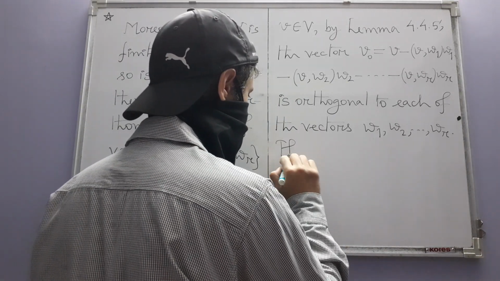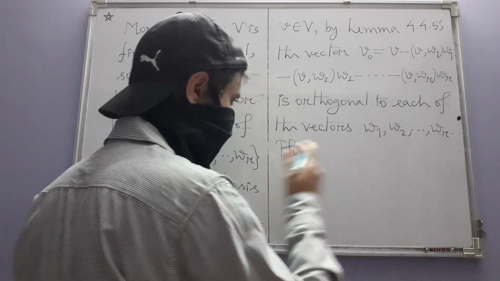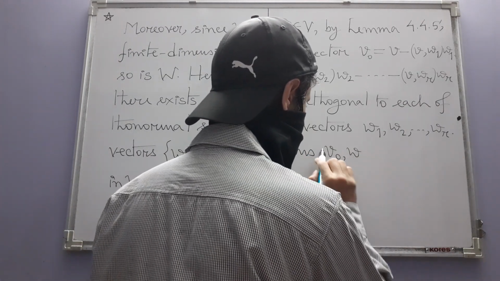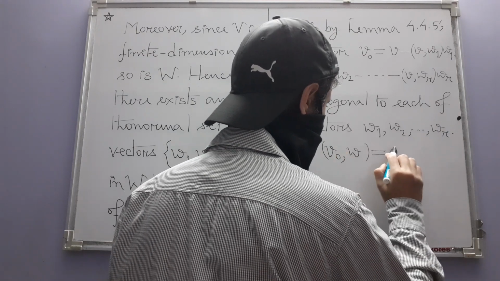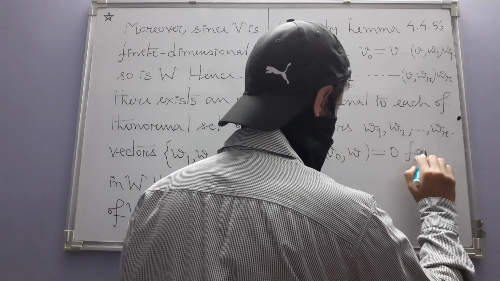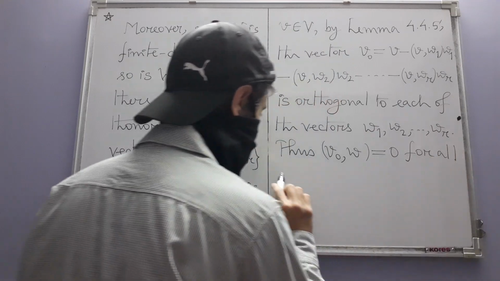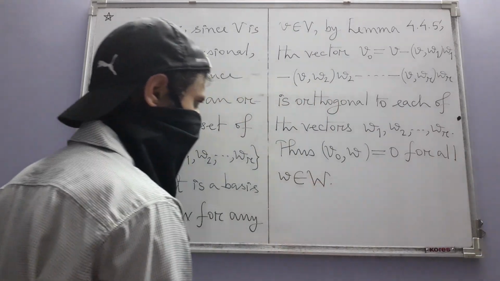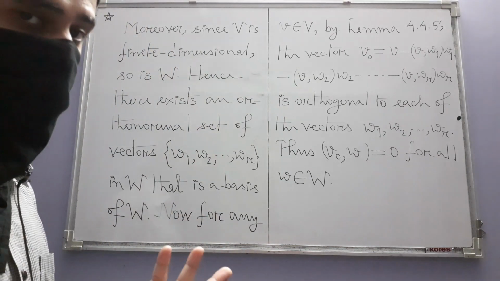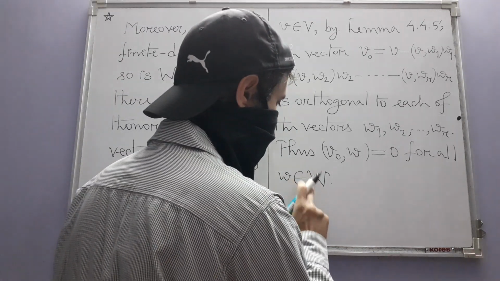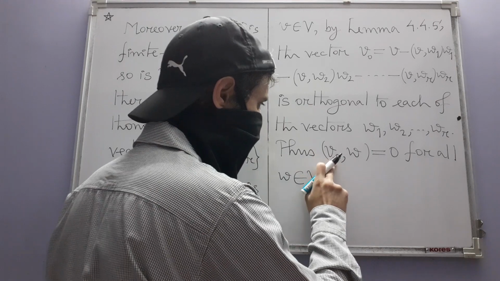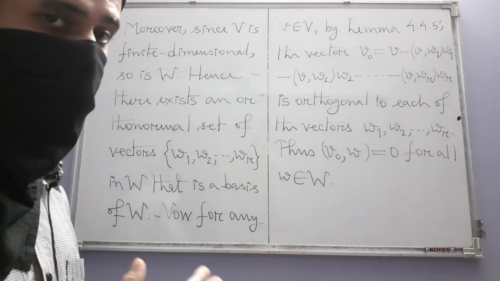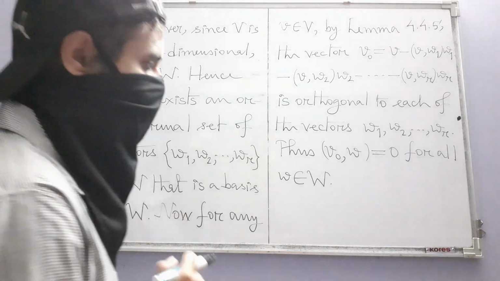Thus, let's write that in symbols. The inner product of V naught and W is equal to 0 for all W belonging to W. But when that happens, what is it that we say? In that case, we say that V naught belongs to the orthogonal complement of W, because that is the definition of the orthogonal complement.